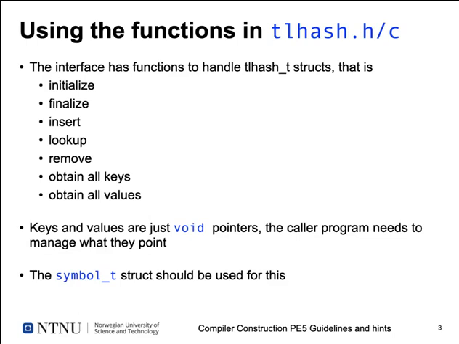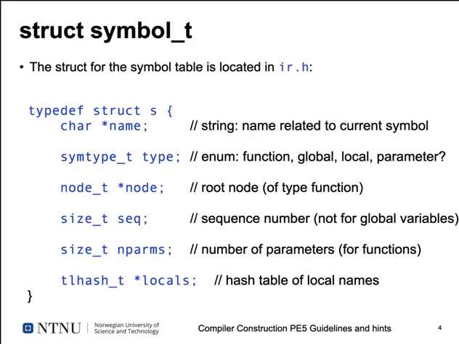So we have a symbol type struct also. This symbol struct is located in the ir.h header file. It consists of a character pointer to a name, whatever name our current symbol has. This can be a variable name or function name, for example. Then we have a type of the current symbol, of type symtype_t, which is simply an enum.